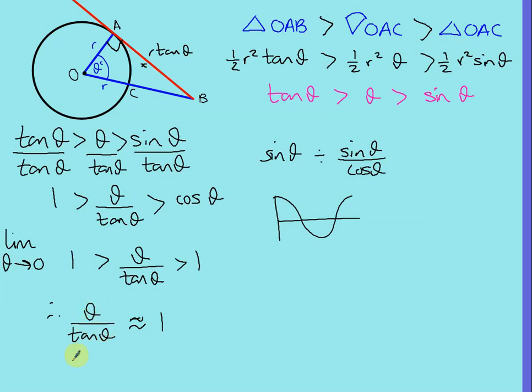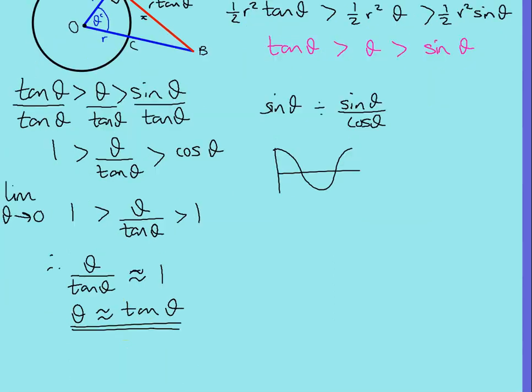So what it means is theta must be approximately equal to tan theta, because when we do this division it equals 1, so we know that this and this must be the same for it to equal 1. So that is a formula that you will need to know.